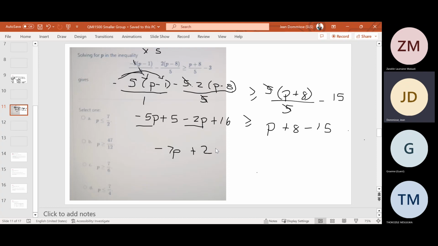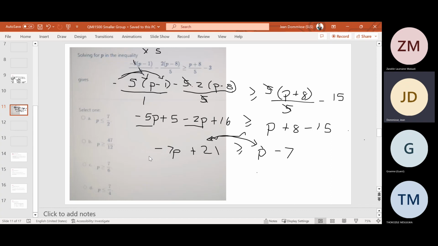This side 21. P on this side. That is minus 7. Okay. So let's take that, or let's rather do it the other way, that all my positives is on this side.